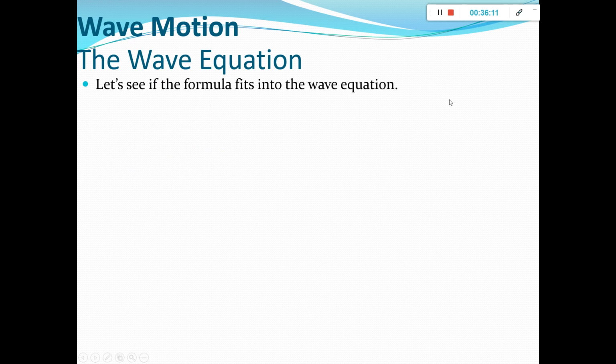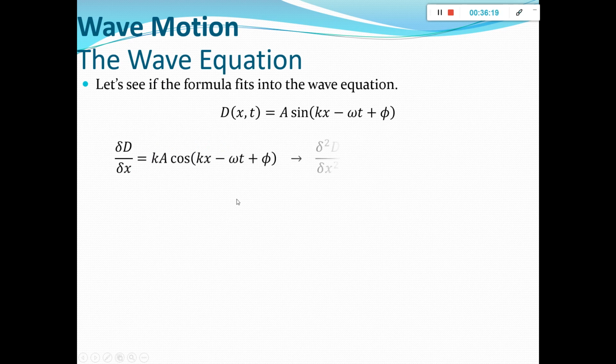So this is just showing how that formula that we just found before fits into the wave equation. So remember, this is our wave equation. We're going to have to first take the first derivative of it with respect to x. So this sine turns into a cosine, and this x gets the derivative taken, and the k comes in front. We take a second derivative of it, and it becomes negative k squared a times this sine.